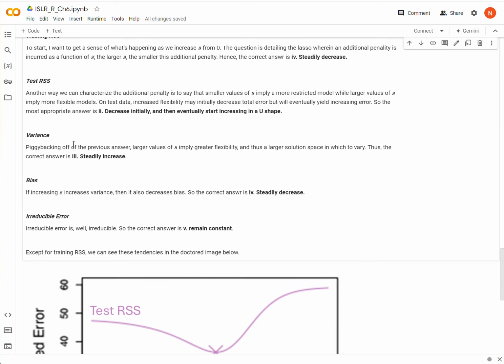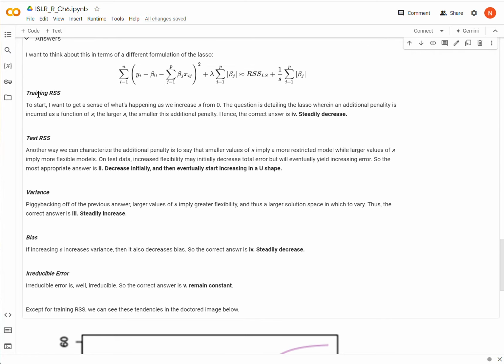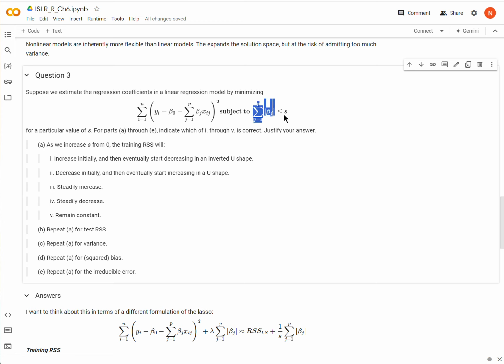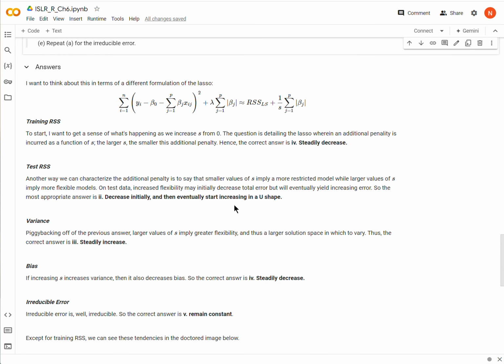All right. Now, what about variance? We've done training residual sum of squares and testing residual sum of squares, and now variance. As we've already said, as s gets bigger, there is less and less constraint imposed. So the solution space is getting bigger, and there's more room for it to vary.